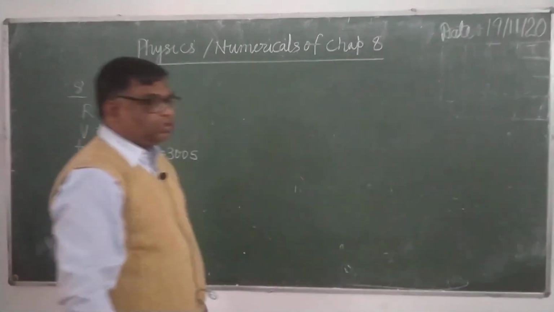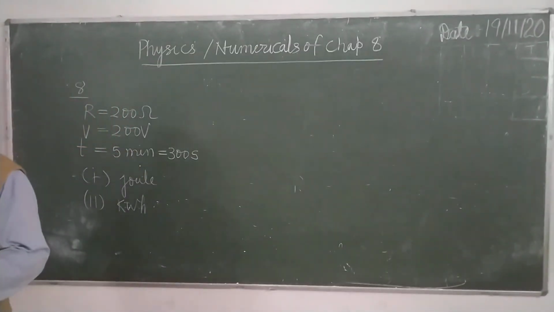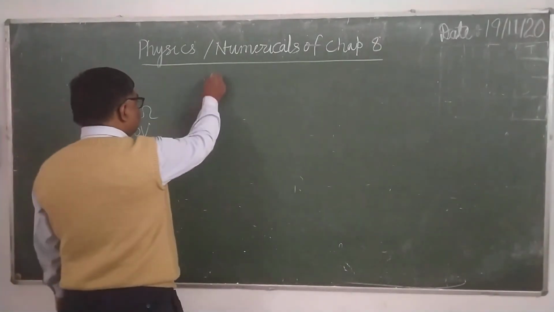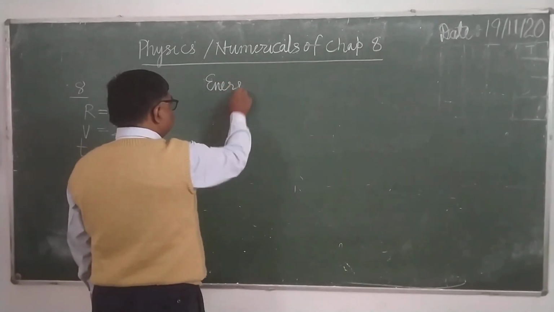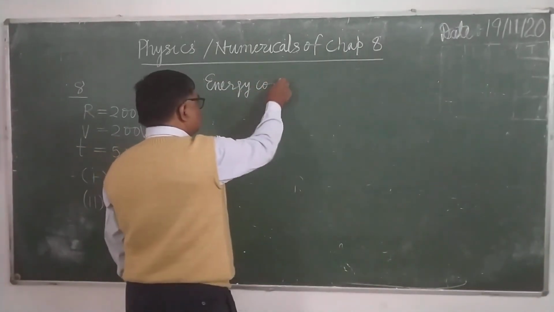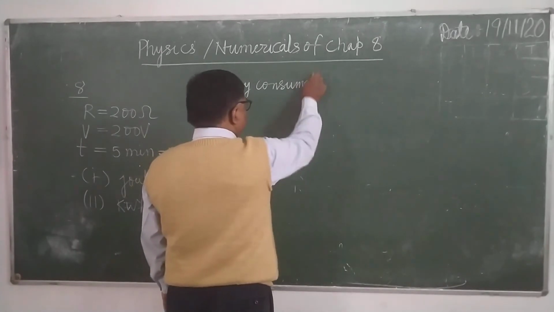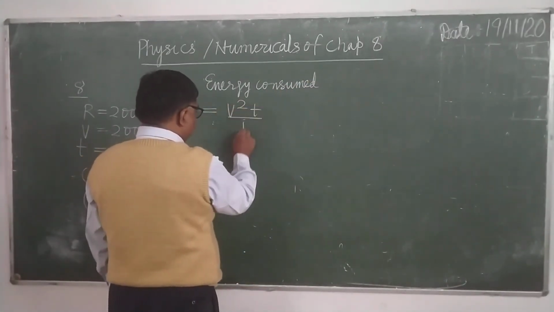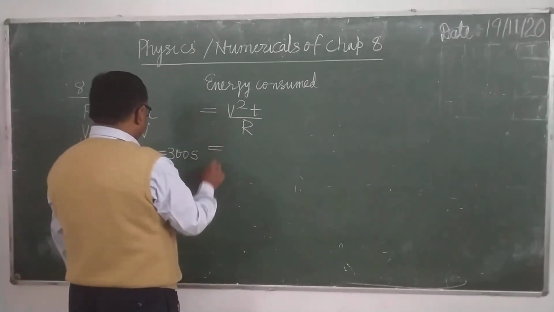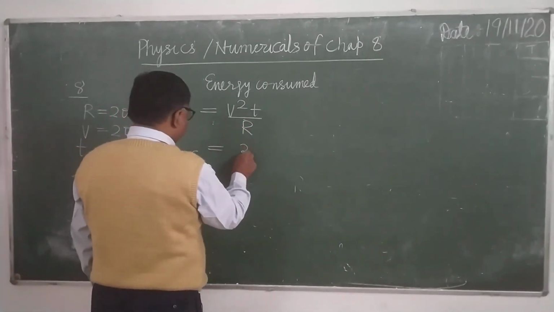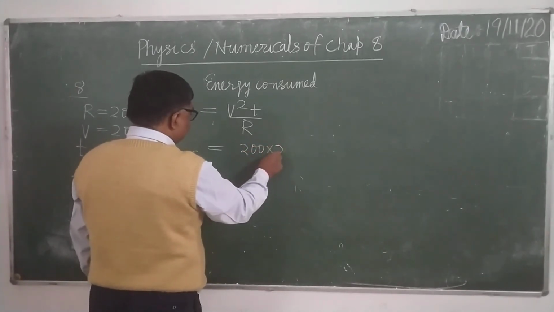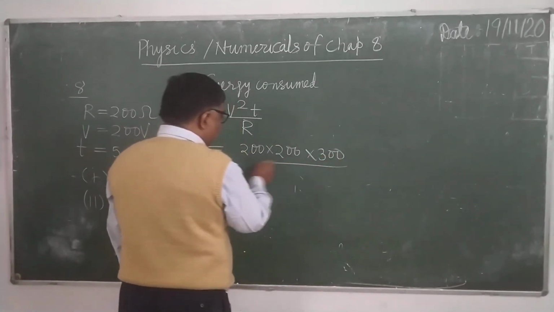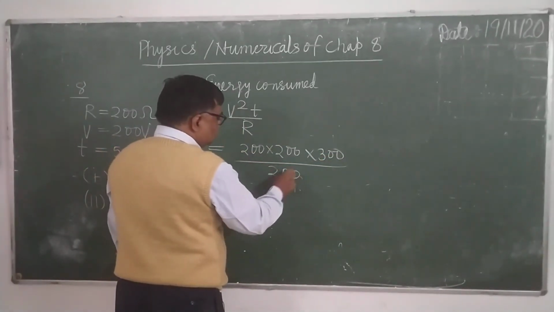There are three formulas: V square into T upon capital R. Energy consumed equals V square T upon R. Substitute the values: V is 200 into 200, T is 300, R is 200.